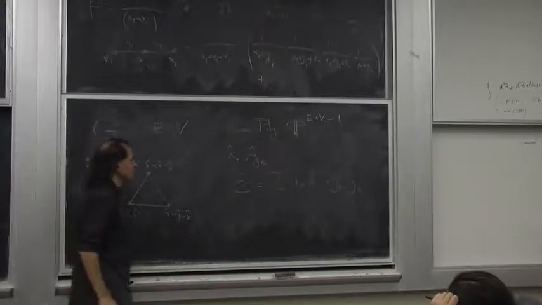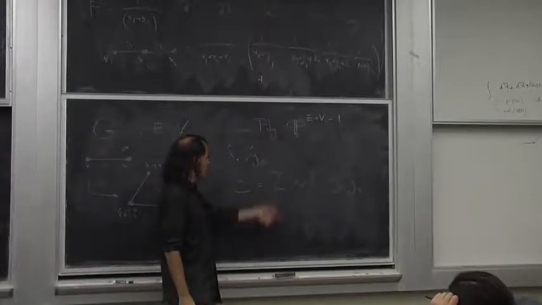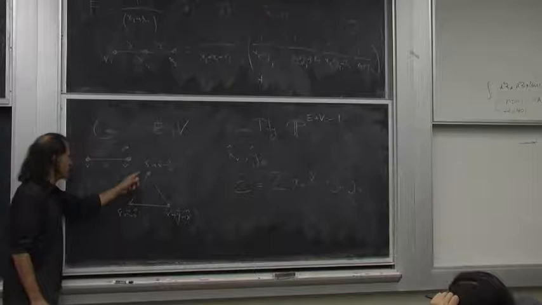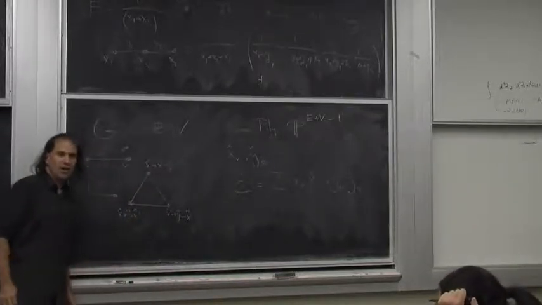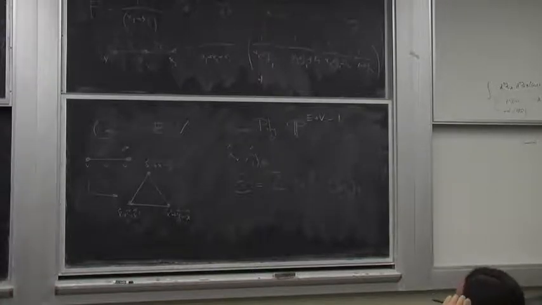So, if these are basis vectors, 1, 0, 0, 0, 1, 0, 0, 0, 1, these are vectors that look like 1, 1, minus 1, 1, 1, minus 1, and so on in all the entries. Is that clear?